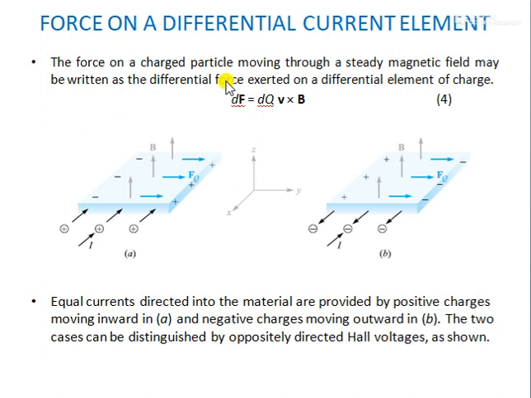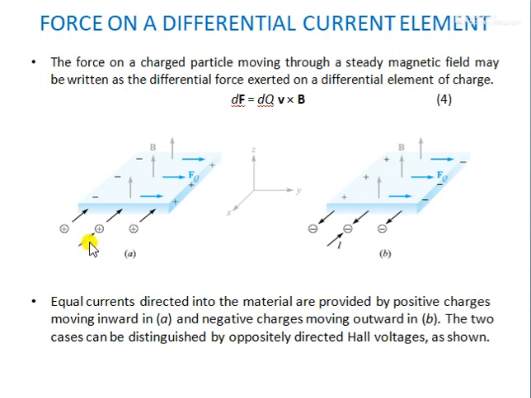So, the force on a charged particle moving through a steady magnetic field may be written as the differential force exerted on a differential element of charge, that is dF equals dq times V cross B. Here you can consider this differential surface over which a current is passing, due to which there is a magnetic field, with flux density over which the force is experienced in this direction.